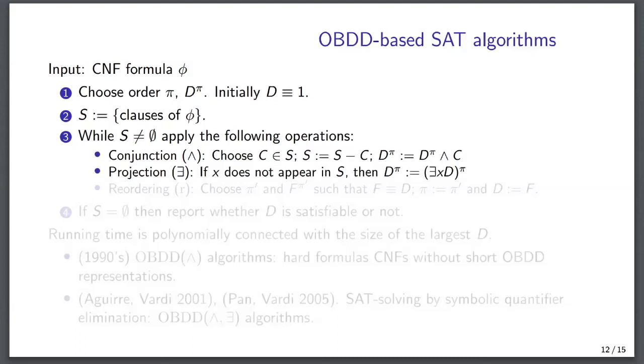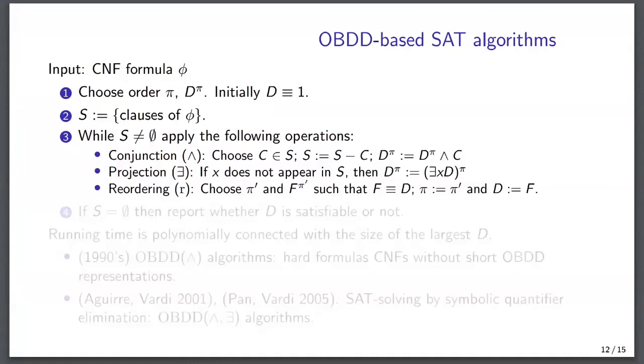The next operation is the projection operation. If for some variable X, all clauses that contain X are already downloaded to D, so that X doesn't appear in S, then we can apply this projection to D. This requirement that X does not appear in S is very important, because otherwise we can lose satisfying assignments.